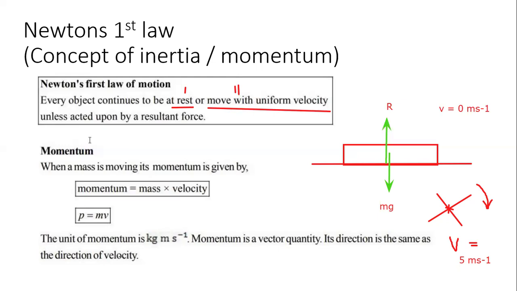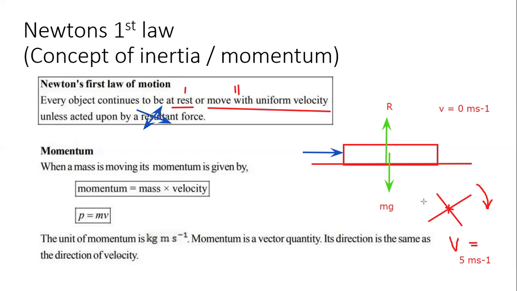However, if I am not applying any external forces, let's say I am pushing this book in this direction. If I am not applying any kind of resultant force, objects at rest stay in the rest position. Objects with uniform velocity continue in the same manner.